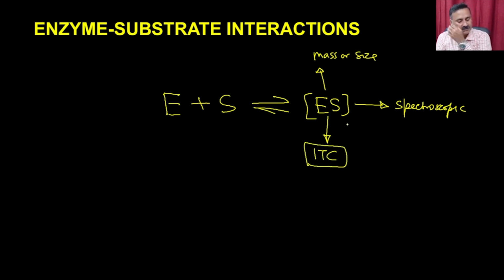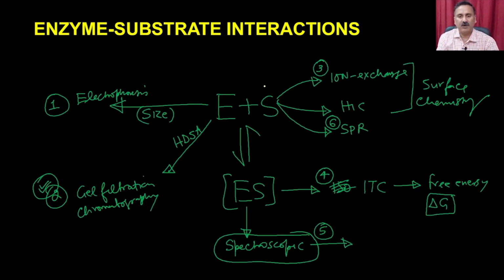And we have discussed many of these techniques which can be used when you are mapping enzyme substrate complex formation. For example, it is going to change the size in terms of molecular weight, and that can be mapped in electrophoresis. It can also change the hydrodynamic surface area, and that can be mapped in chromatography. It can change the surface chemistry, which can be mapped in ion exchange, HIC, or surface plasmon resonance.